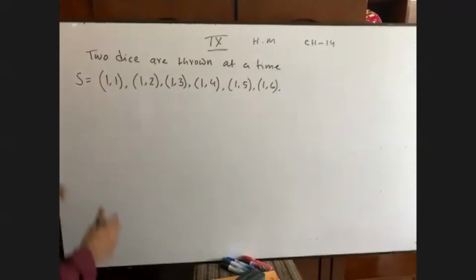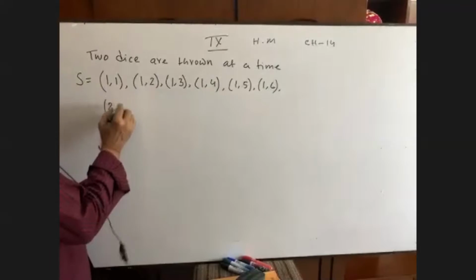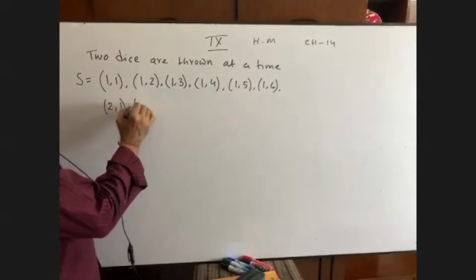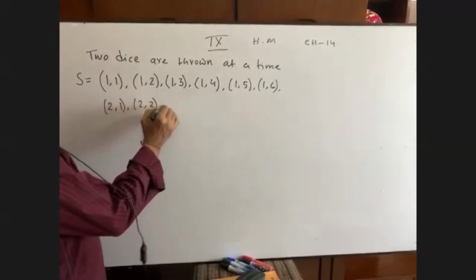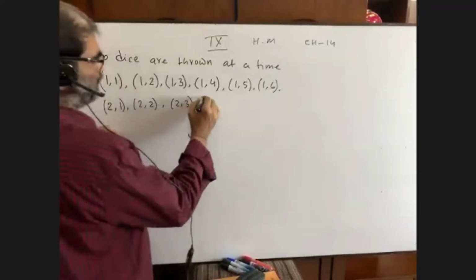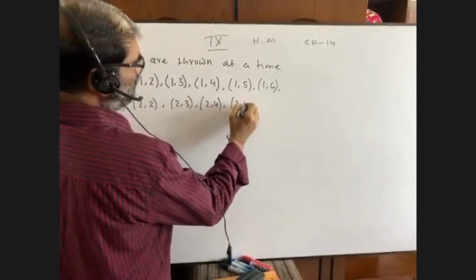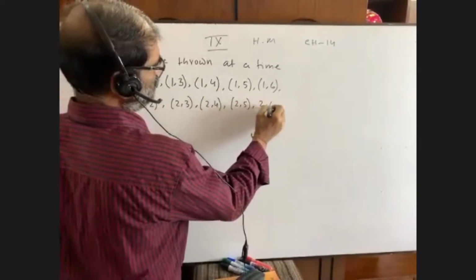Again, if for the first person it is 2, then the second person may get 1, 2, 2, 2, 3, 2, 4, 2, 5, 2, 6.